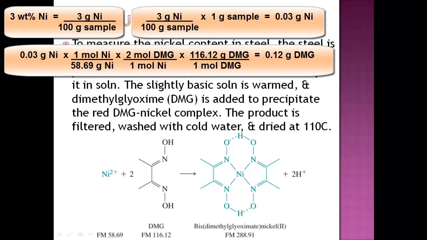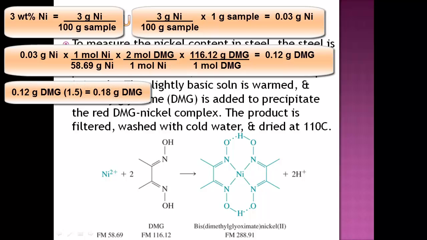So whatever answer you get, which should have been 0.12 grams of DMG, you multiply that times 1.5, because they want 50% excess. If they just wanted 100%, it would be times 1, but since it's 50% more than 100%, you do 1.5. So that gives you 0.18 grams of DMG. That's how much you need to add to this solution to analyze 1 gram of steel.